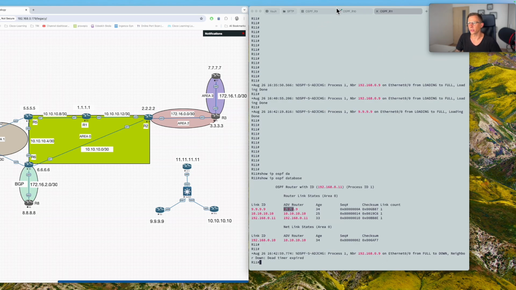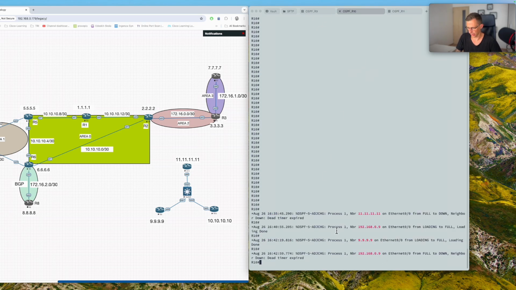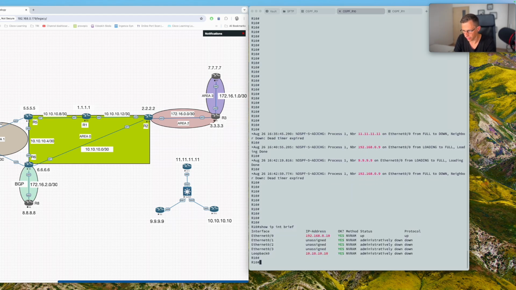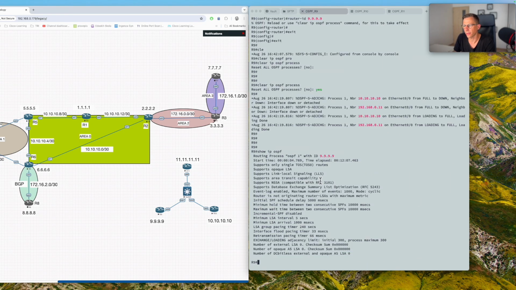So let's go and try to do the same on the router 10. If I do show ip interface brief, we can see the data interface is up. The loopback 0 is still down. Let's have a look if I've actually enabled the loopback.